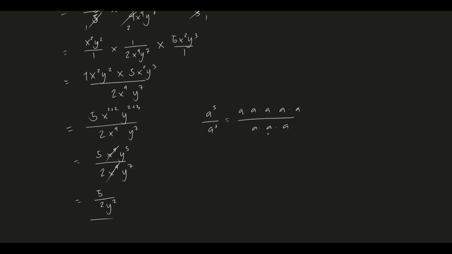So we have 3 a's at the denominator and 5 a's at the numerator. So let's cancel out a here, a here, here, here, here. So what's left is 2 a's at the numerator and none at the denominator. So we have a times a, so we can write this as a raised to the 2.